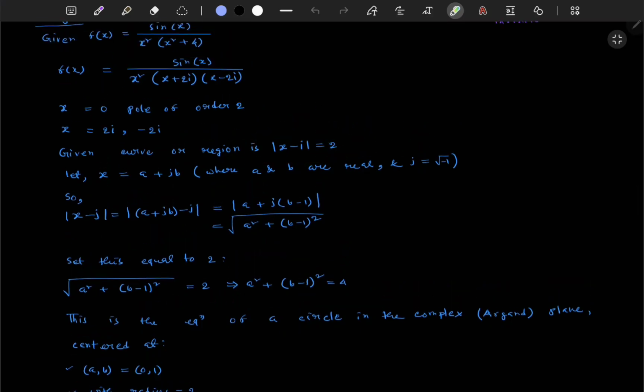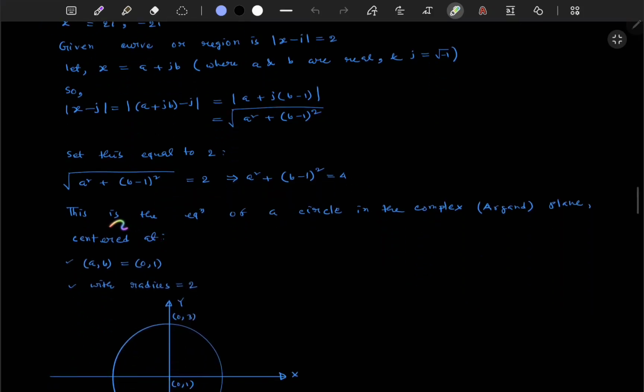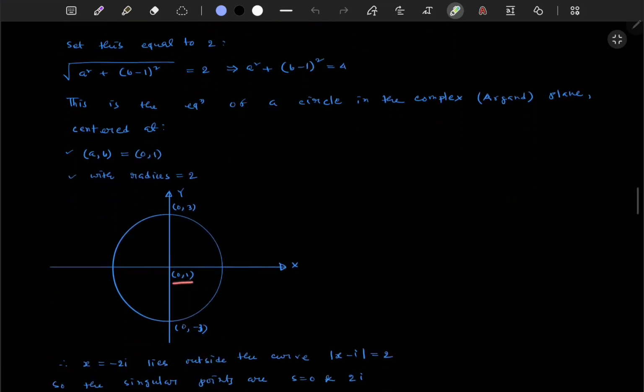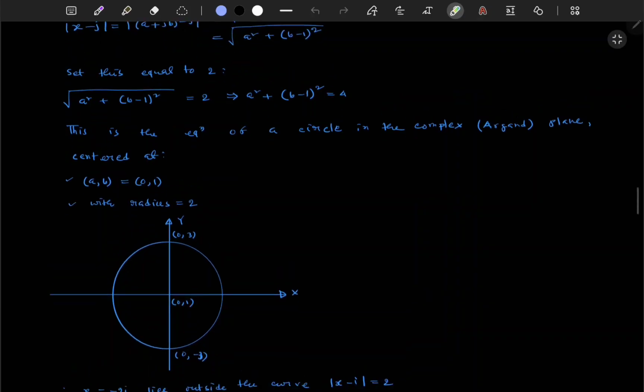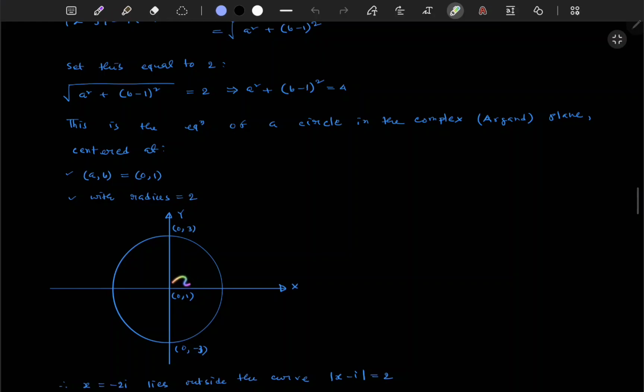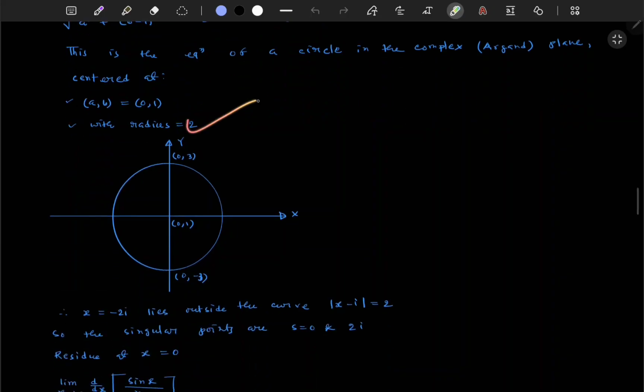If we equate, this is the equation of a circle in the complex plane, with center at (0, 1). The 0,0 point is somewhere here but our circle's center is here, and the radius is 2, from here to here, since this equals 2 squared.